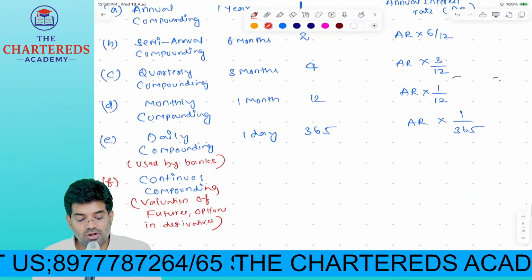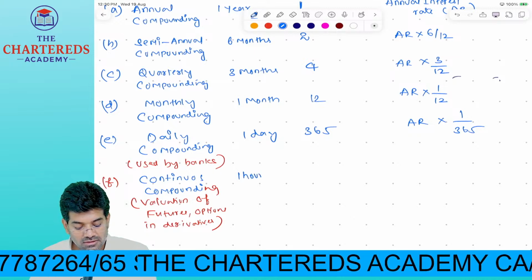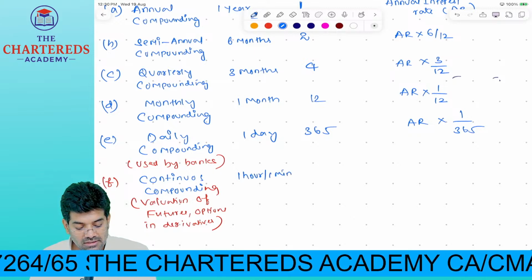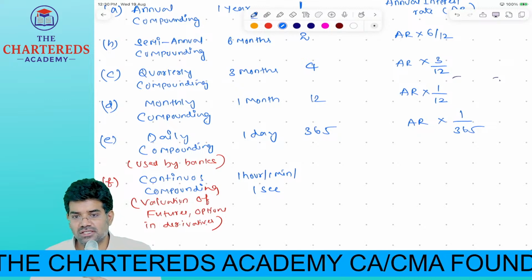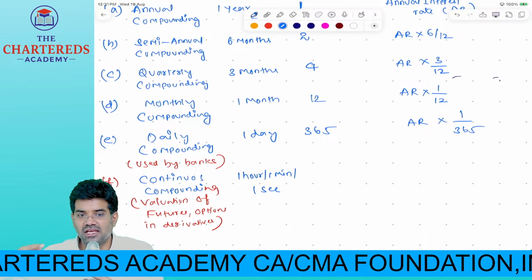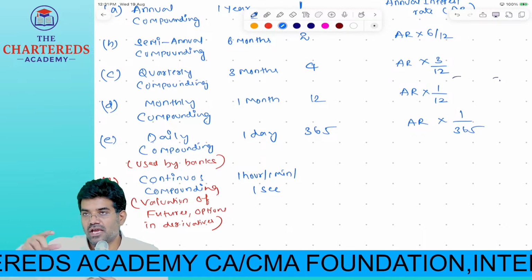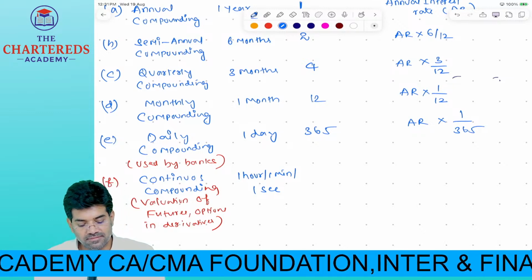What is the duration of continuous compounding? 1 hour or 1 minute or 1 second. Especially futures, every second it will change. You know, in the stock market, share price will change every second. So to calculate the future price, I will take 1 second as the continuous compounding period.